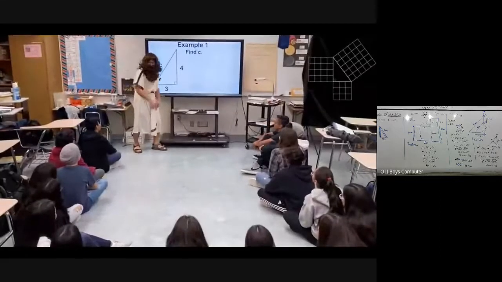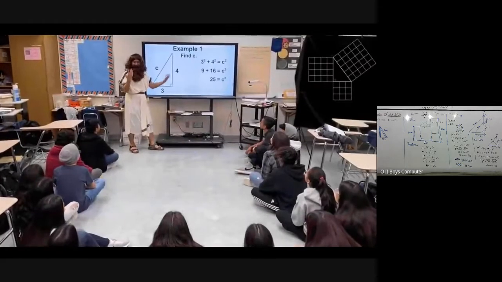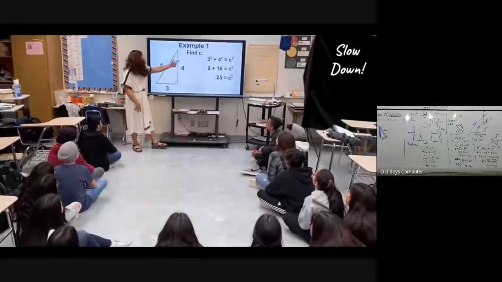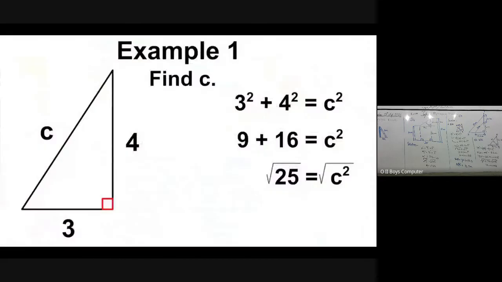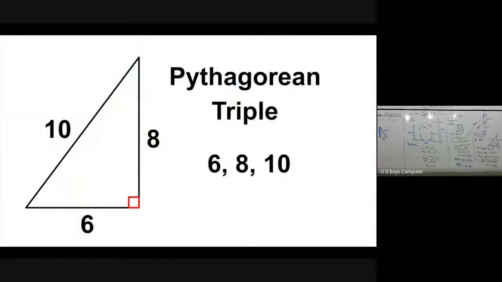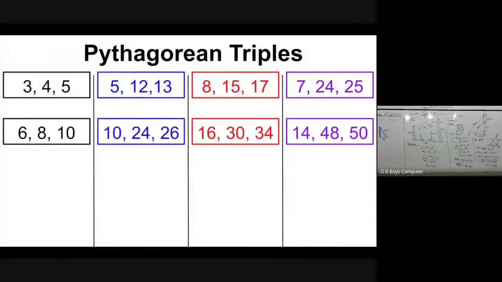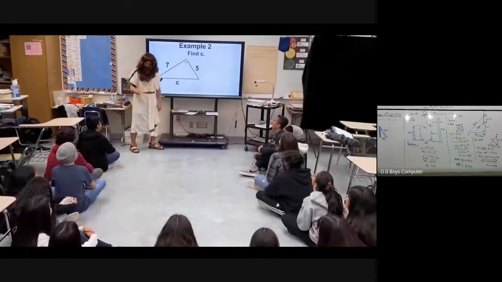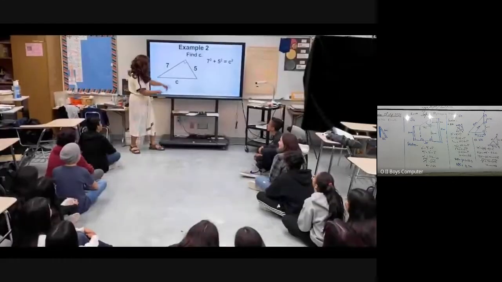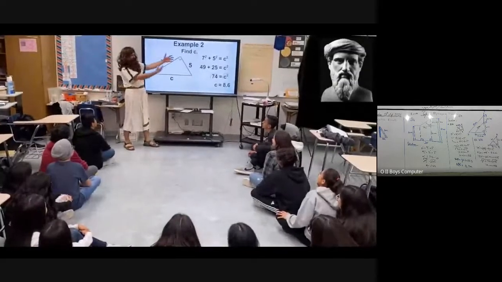Give me the A and B so I can find C. Check out the right triangle with the 4, 3. Square these numbers up like a mathlete. Add them up, slow down, it's not a track. Square root each side, don't be mad at me. Triple 3, 4, 5, that's Pythagorean. 6, 8, 10 like a triple team. Forget about the 5, 12, 13. Three triples, you can fill up the whole screen. Let me show you another problem that you've never seen. Follow all the steps, please don't try to daydream. We got a triple going round it if it isn't clean.